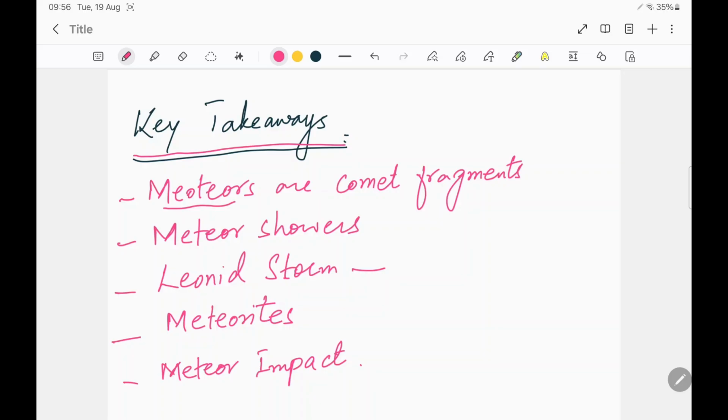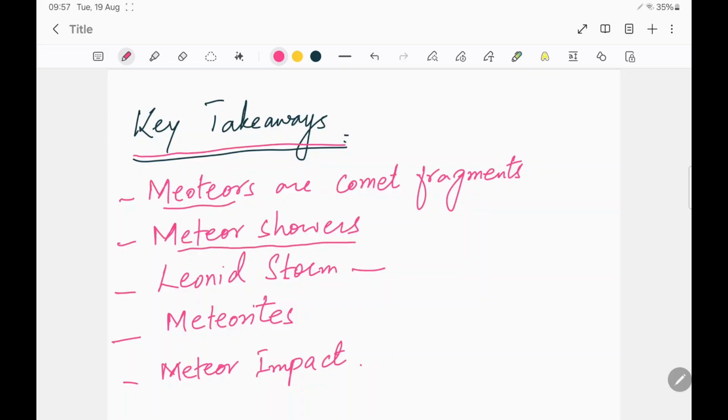So these are pieces of those comet fragments, and they light up due to the atmospheric friction, as we have already said. And secondly, we have seen that there have been meteor showers, and they are a regular feature every year, and we have already said that they are predictable in terms of their time. That means they come to Earth on predictable dates, and normally they are named after the constellations from where they come.